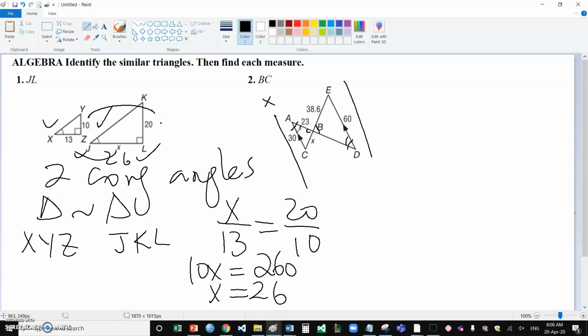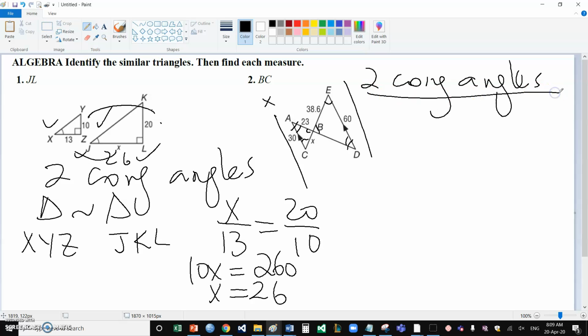So we have two congruent angles, in fact also these two angles. Since we have two congruent angles, the triangles are similar. So triangle ABC is similar to triangle DBE.